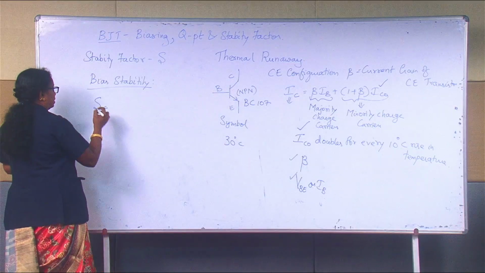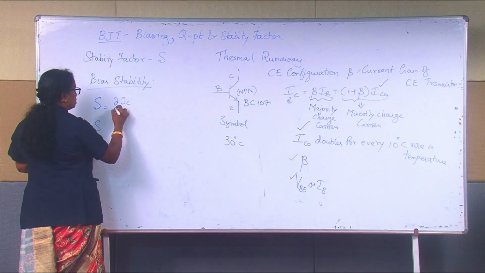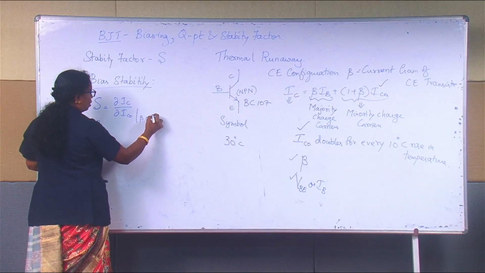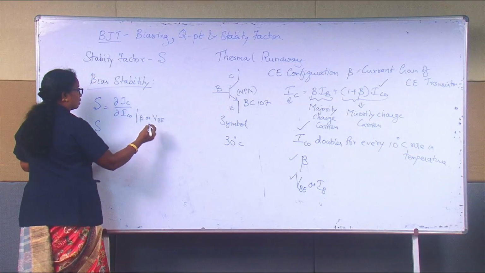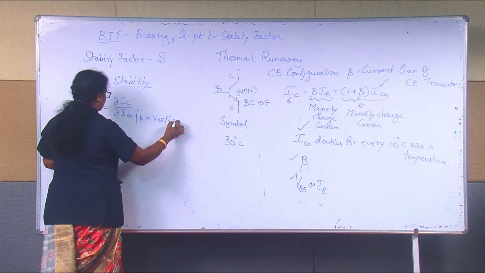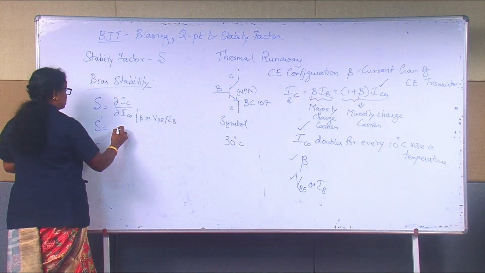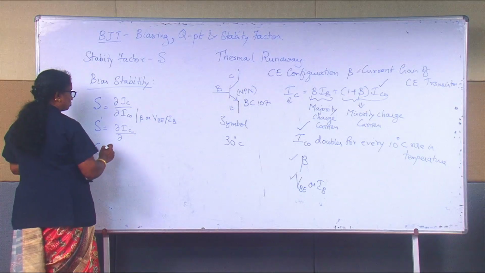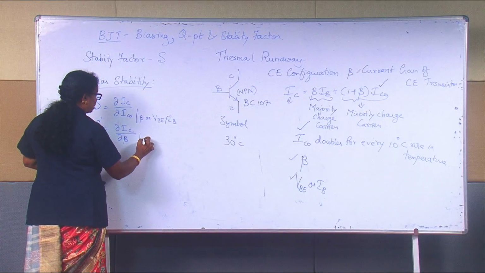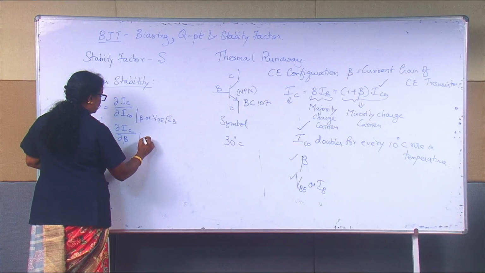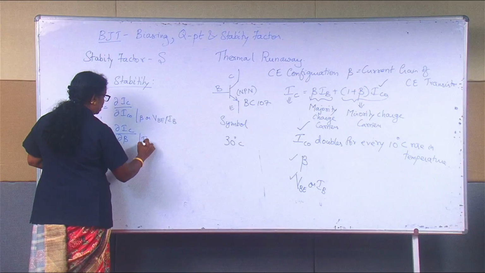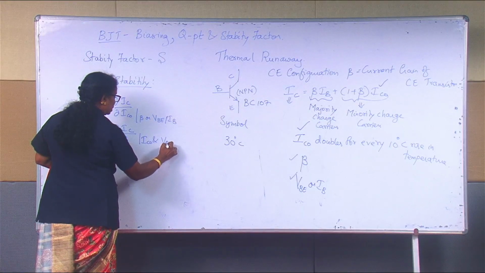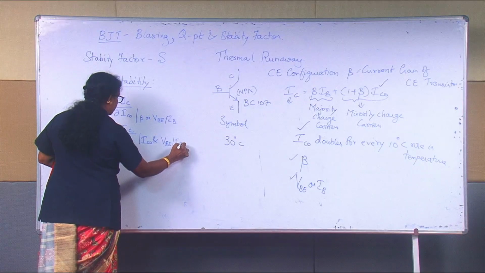So if you take S, it is dou IC by dou ICO for a fixed beta and VBE or IB. S dash is dou IC by dou beta for a constant ICO and VBE or IB.